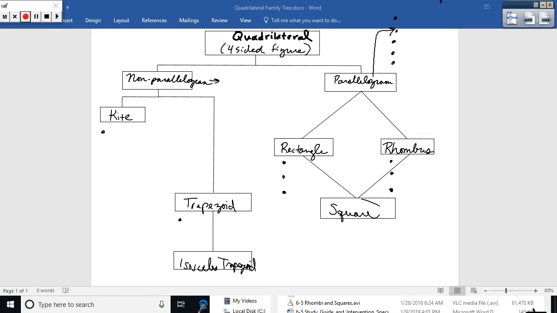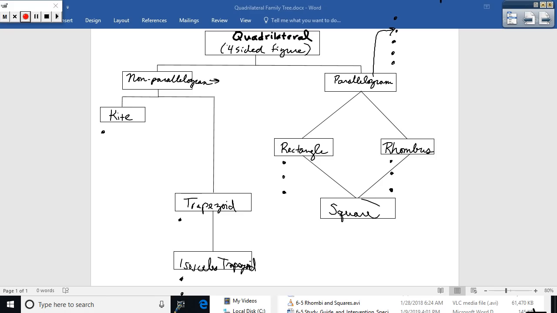For the isosceles trapezoid, I wrote these underneath on my paper, but obviously I'm running out of room here. I'll just put bullet points like this. Okay, and it goes down there. But for the isosceles trapezoid, I put down one of the characteristics is that the non-parallel sides are congruent. That's where we get the isosceles part.